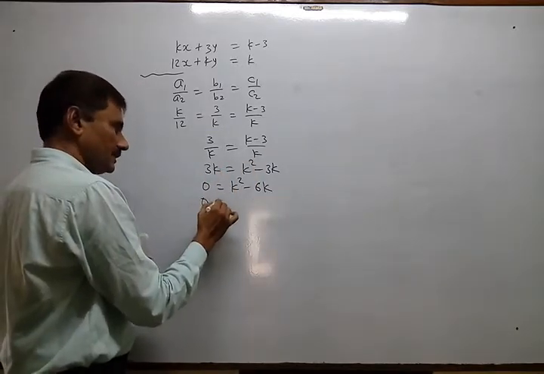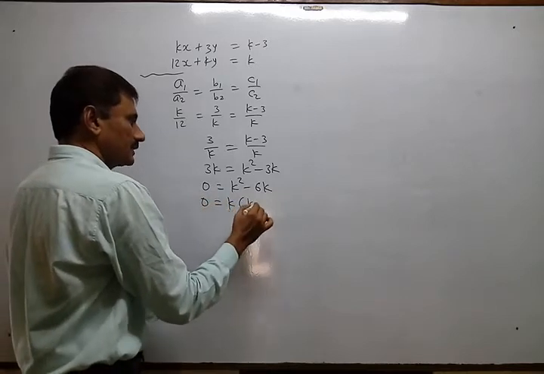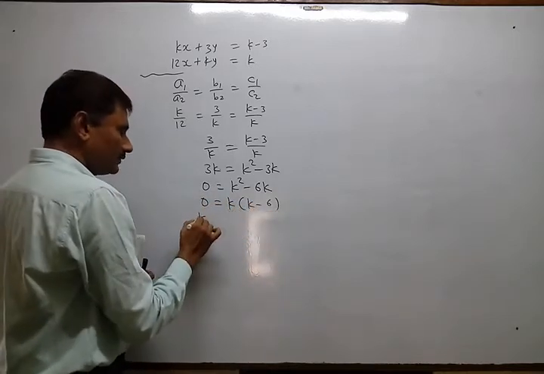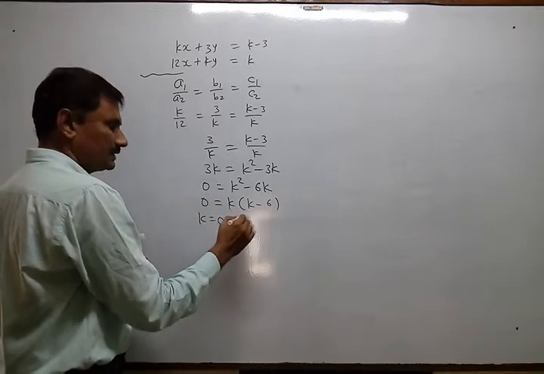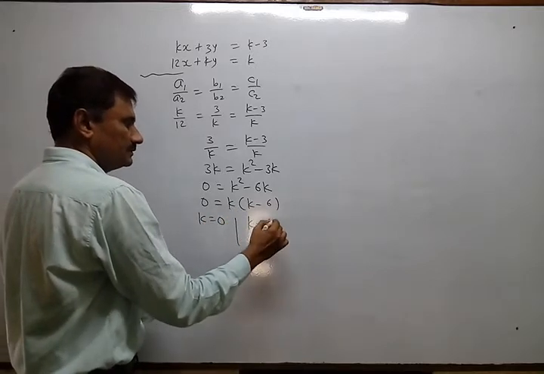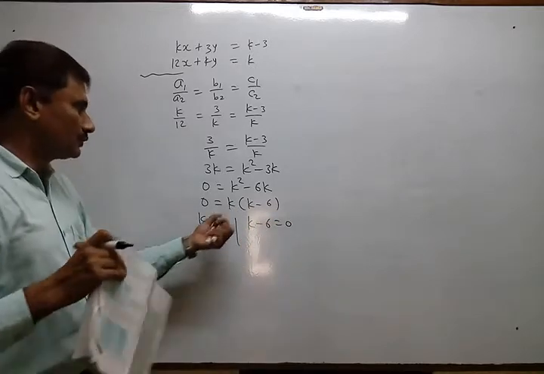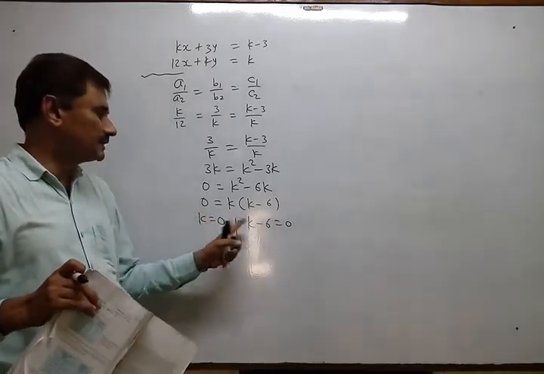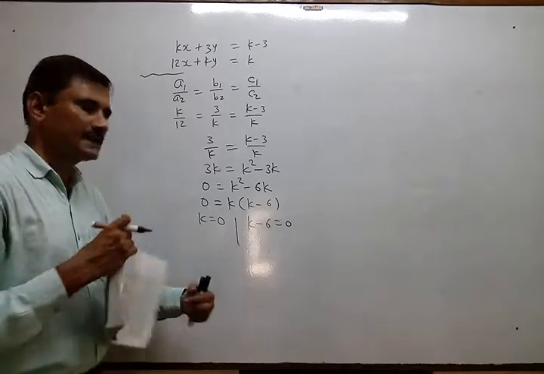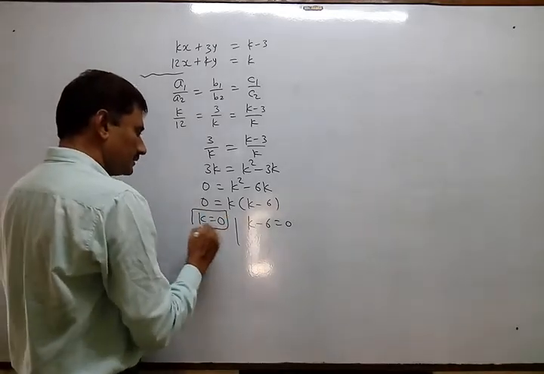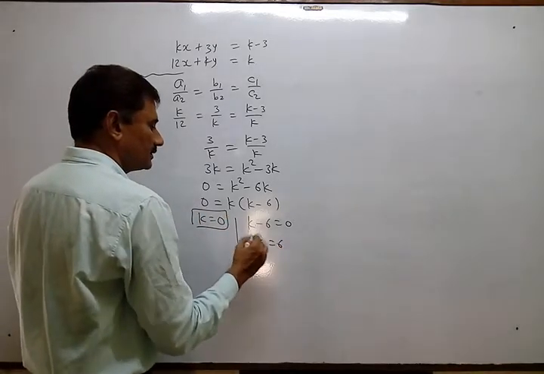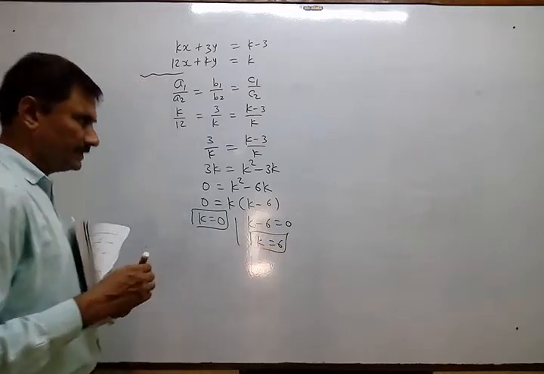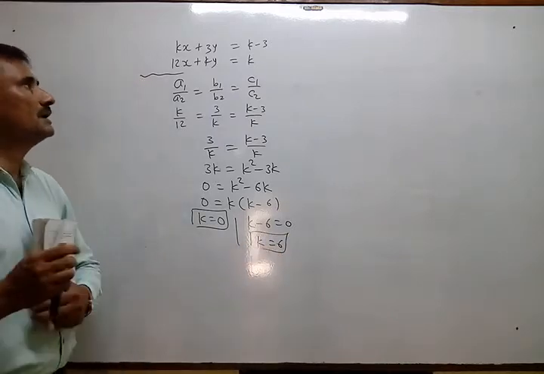So 0 equals k taken common, k minus 6. Now you can compare both factors term by term with 0. You understand? If two factors are there and the product is 0, then any one must be 0. Either the first factor is 0, otherwise the second factor is 0. So we got k equal to 0 and k equal to 6. So these two are the answers.